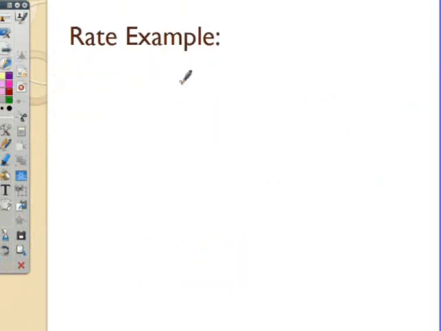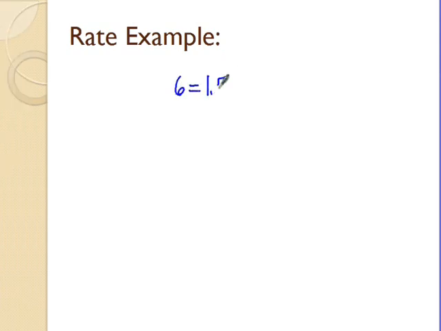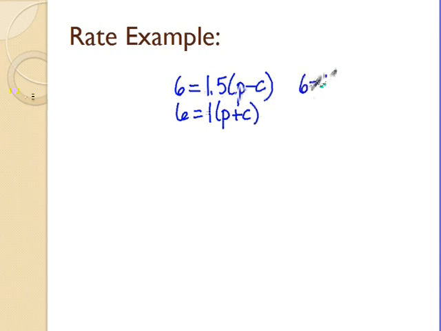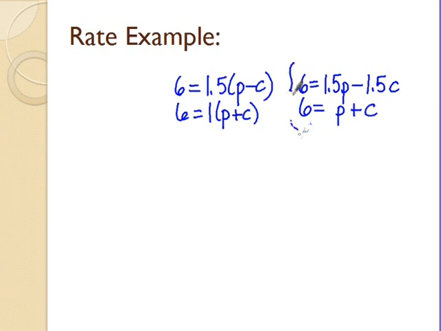Okay, so 6 equals 1.5 times P minus C, and 6 equals 1 times P plus C. So let's go ahead and distribute, and I get 6 equals 1.5P minus 1.5C, and 6 equals P plus C. Now I can use substitution or I can use elimination. For me this time, I'm going to choose substitution. If you prefer elimination, go for it.